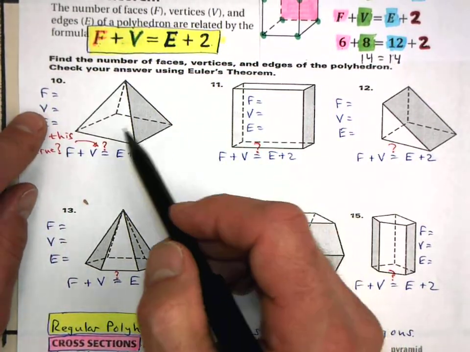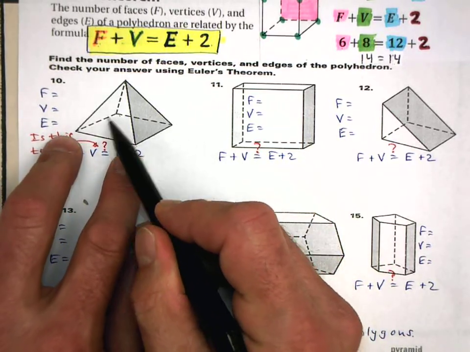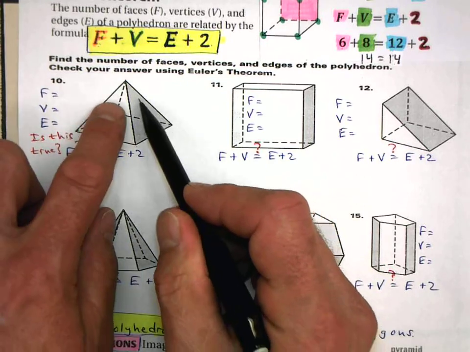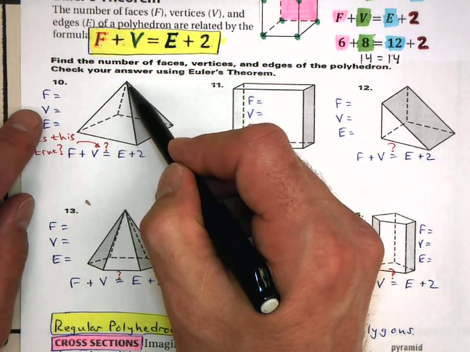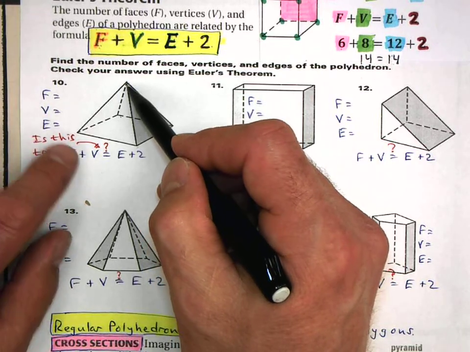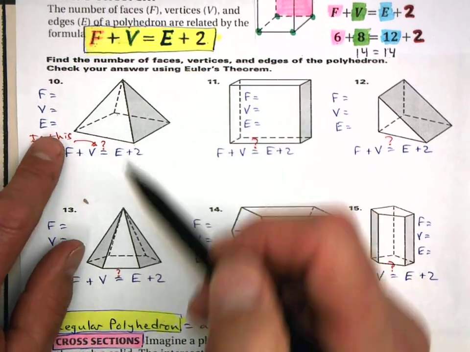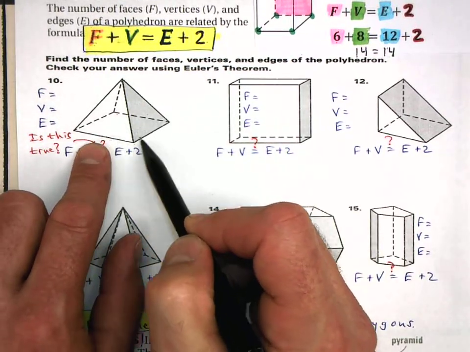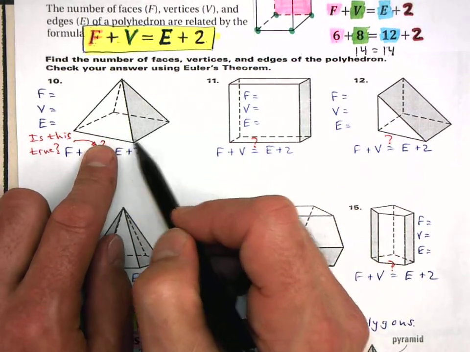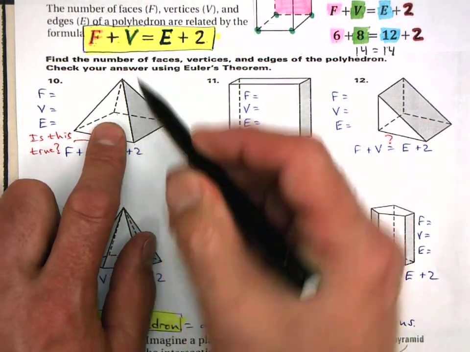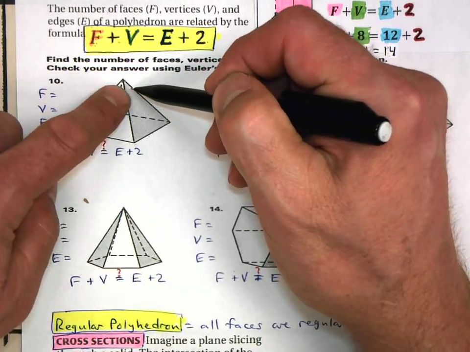And how many vertices do we have? Let's see, 1, 2, 3, 4 on the bottom, and then all these sides come up to a vertex here, which is called your apex, and so that's 5. So there are 5 vertices. And how many edges? I see 1, 2, 3, 4 are on the bottom, and then you have another 4 around the side here.